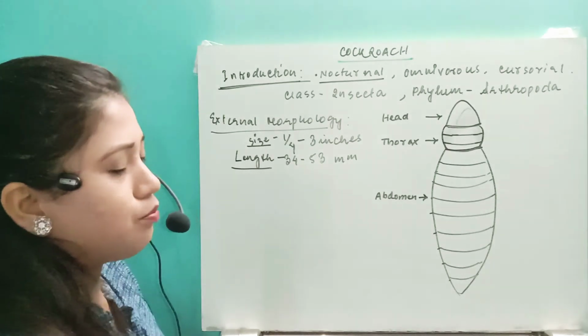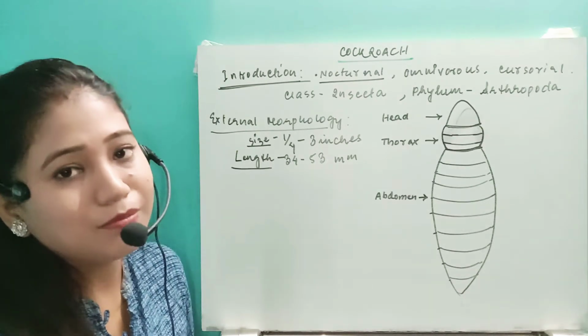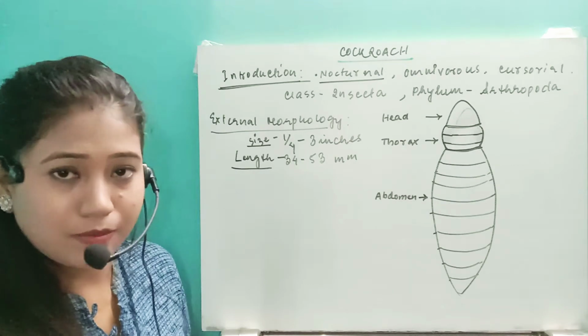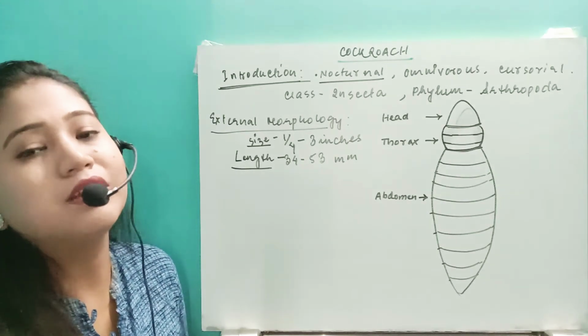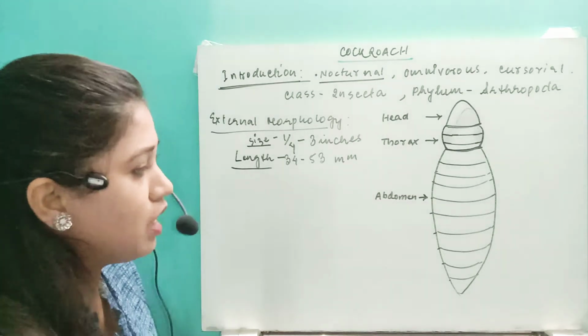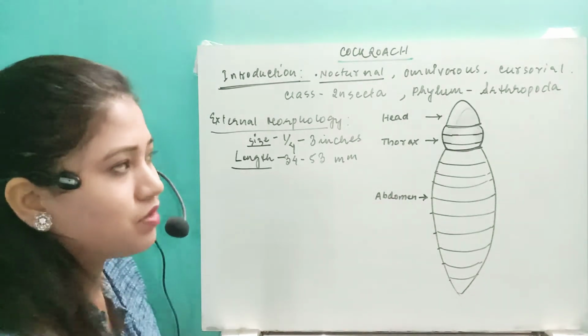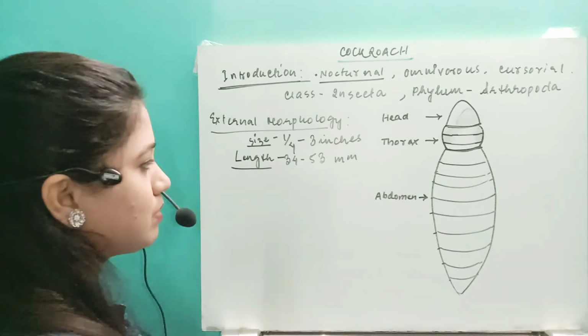Now come to the point that this organism is a segmented animal also. Segmented animal means this organism bears divisions or partitions in its body. As you can see, already I have divided the animal. In the thorax region, how many segments are there?